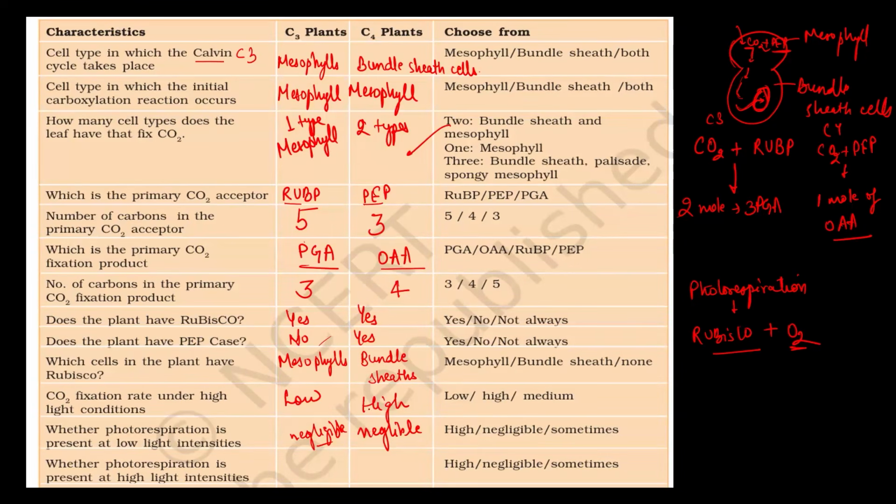Now what will happen if we have high light intensity? In this case, because these C3 plants are not adapted to high light intensity, they will undergo photorespiration. So here the photorespiration will be high, while for the C4 plant it will still be negligible.